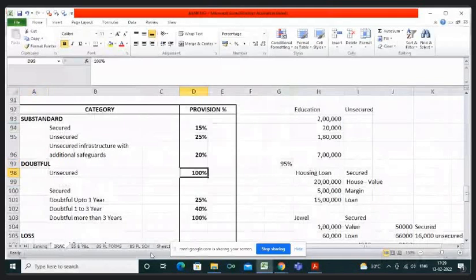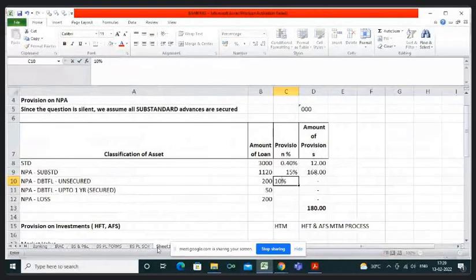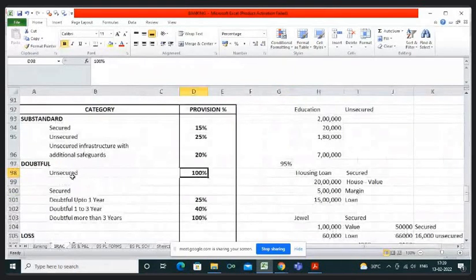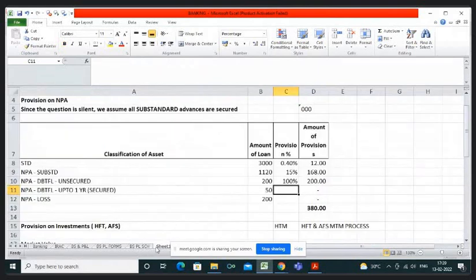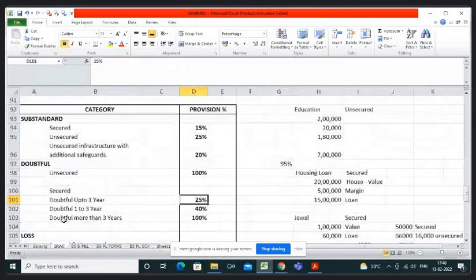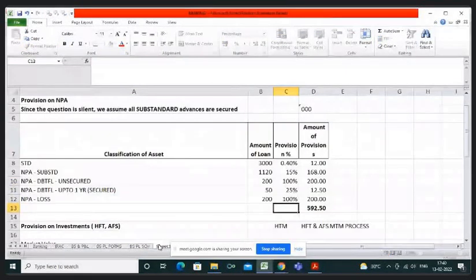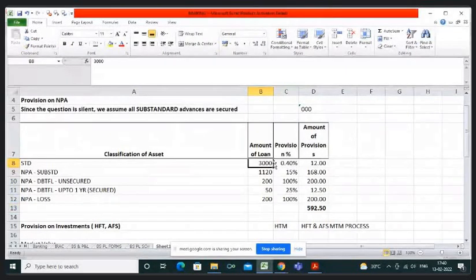And NPA doubtful unsecured, 100%. NPA doubtful up to 1 year, so go to the table. NPA doubtful secured up to 1 year, 25%. NPA loss assets, 100%.